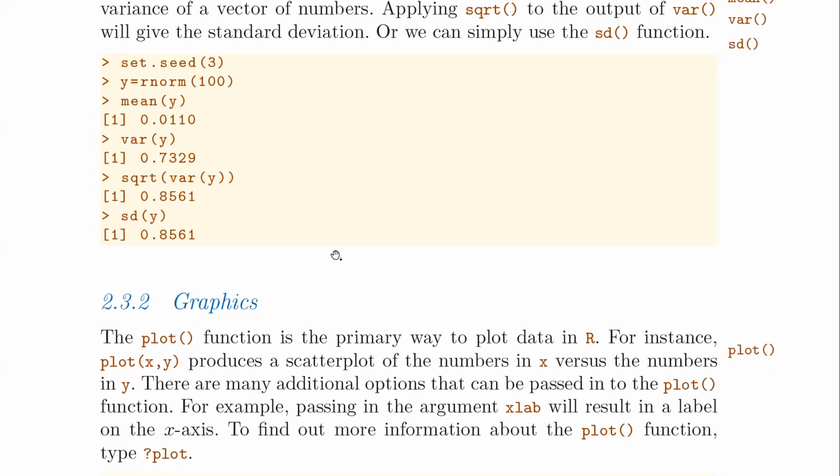As you would expect, if you generate 100 observations that follow the standard normal distribution, then you should expect their mean to be roughly 0. That's just the definition of the standard normal distribution.